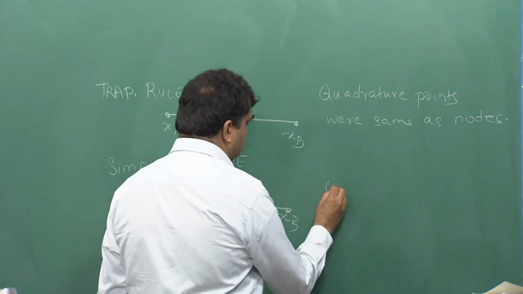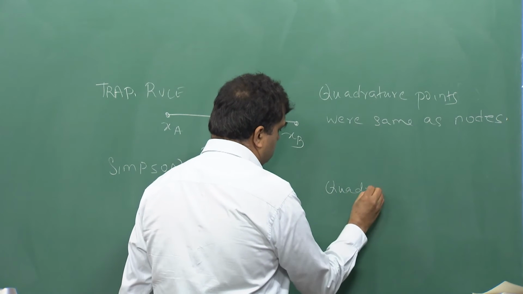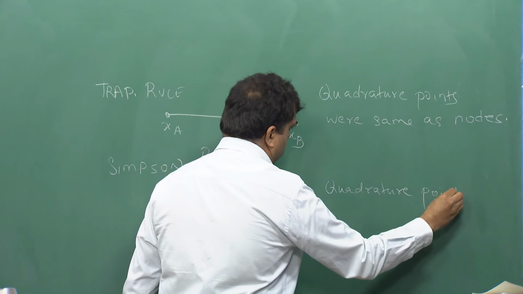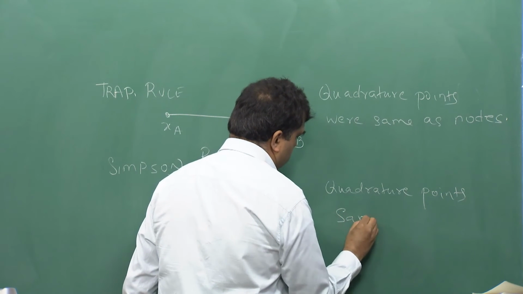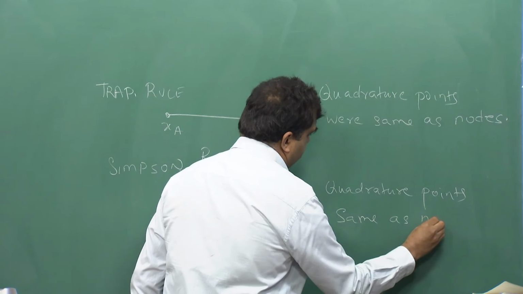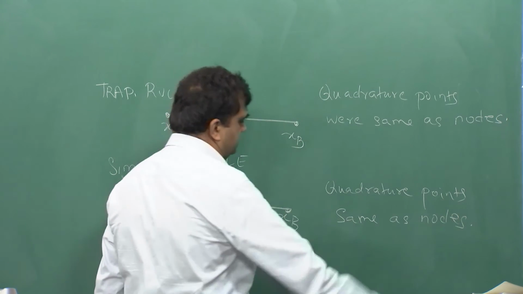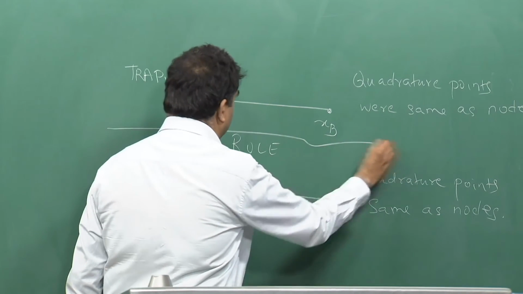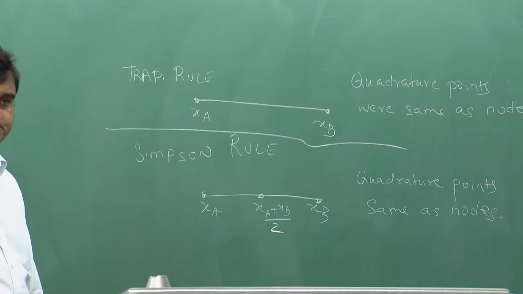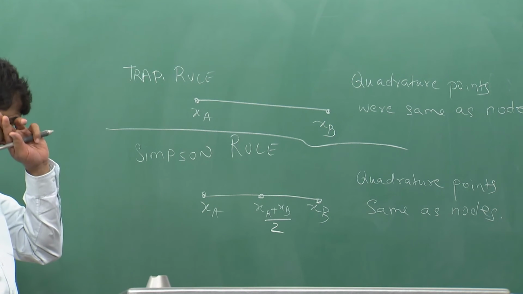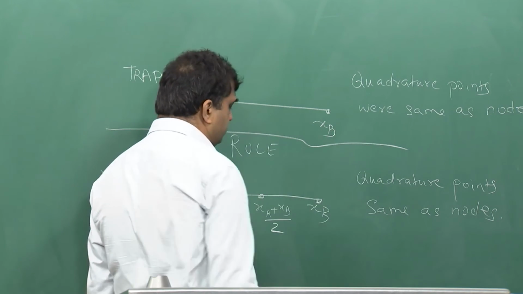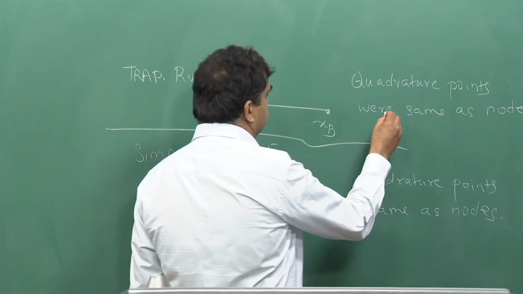Here also, the quadrature points are the same as nodes. Okay. In Simpson rule also, the same thing is true. These points, quadrature points, are also known as base points.